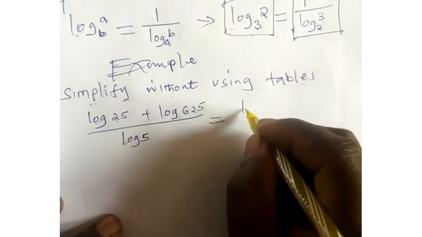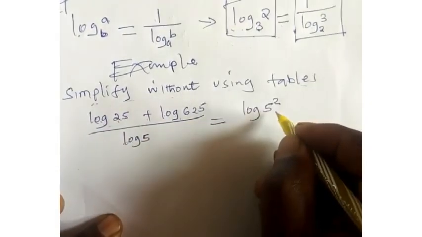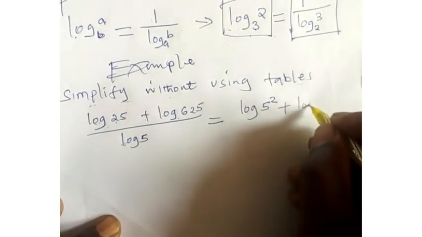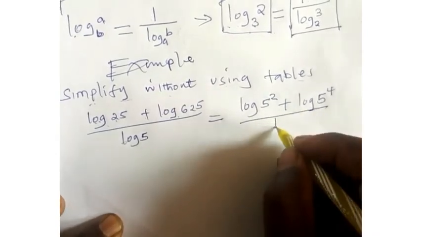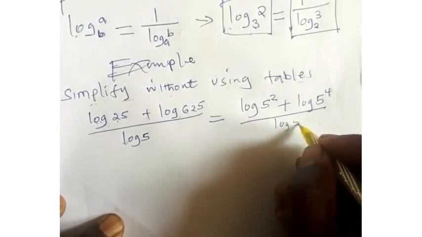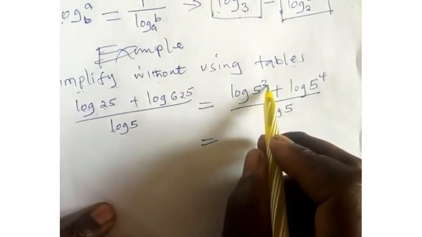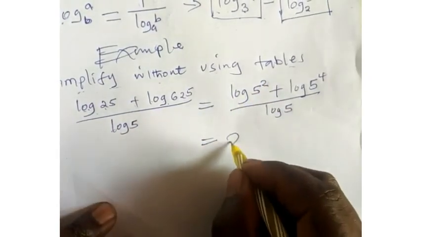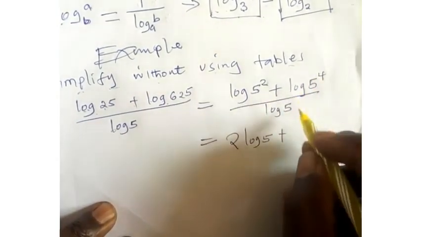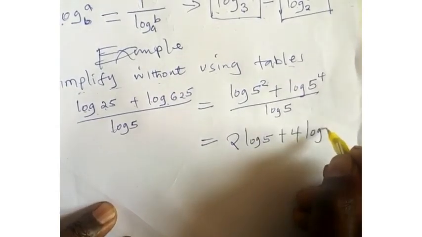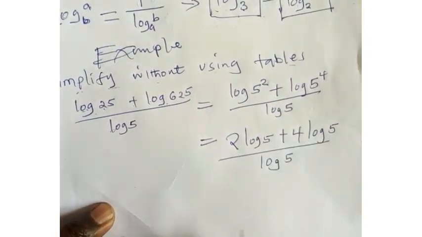We can write this number as log 5 squared, plus log 5 raised to power 4, and we divide by log 5. We have said that whenever you see a number written like this, you simply bring it to the front. This is 2 log 5 plus 4 log 5. We divide by log 5.